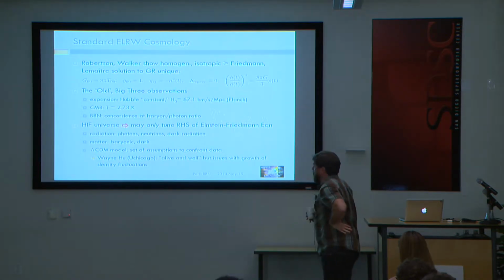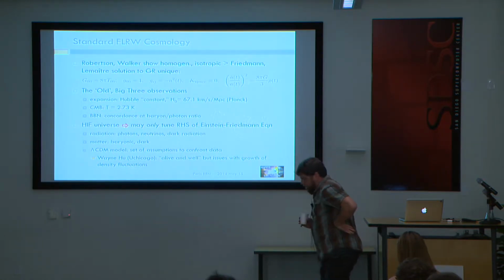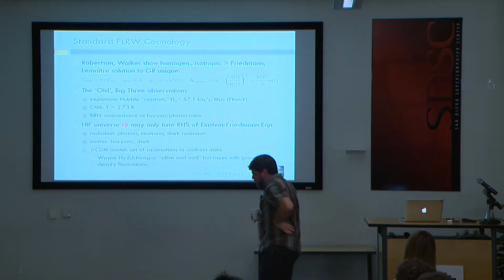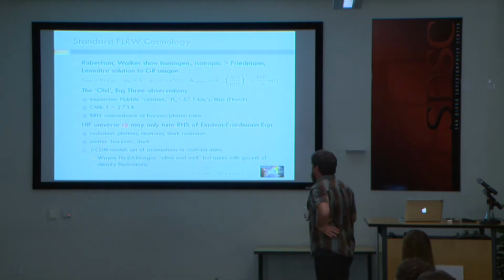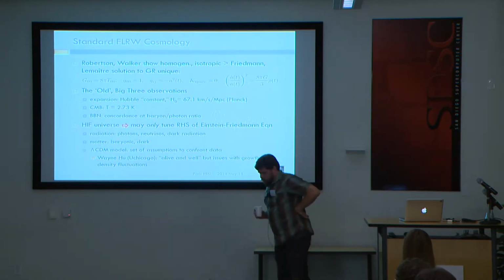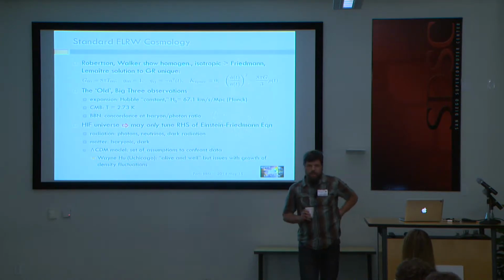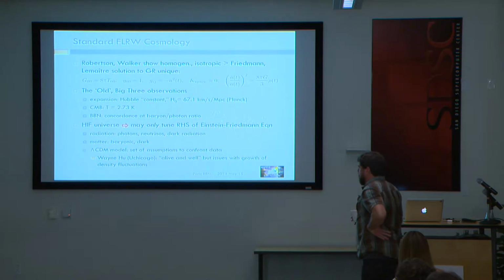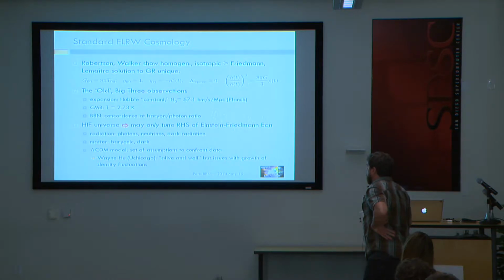They basically showed that if you have homogeneity and isotropy, then the metric is unique. But it was really Friedman and Lemaitre who, within a few years of each other and independently, wrote down the solution to Einstein's equations for a homogeneous isotropic scenario.